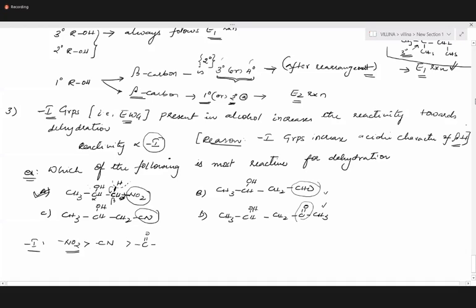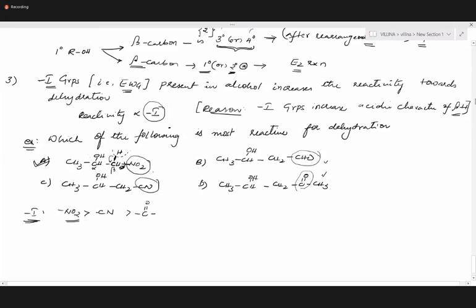So the distance from where they are acting also has an effect on the reactivity. Let's see an example on that point also, based on the distance from where this minus I group is acting. So take down another example.